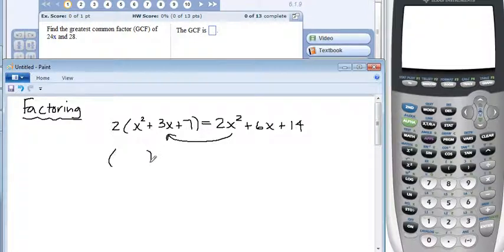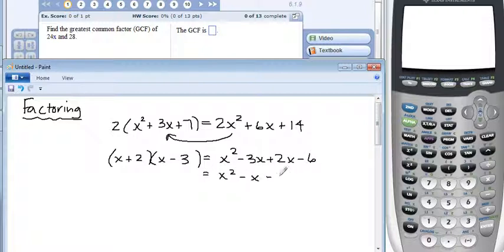Another one that we are going to be seeing that's going to be very common is going to be ones that look like this. Okay, so we have x squared. I'm going to be foiling this. Minus 3x plus 2x minus 6. So we have x squared minus x minus 6.